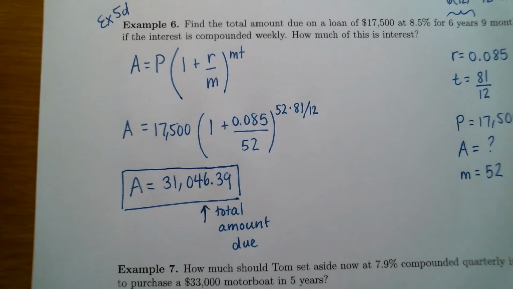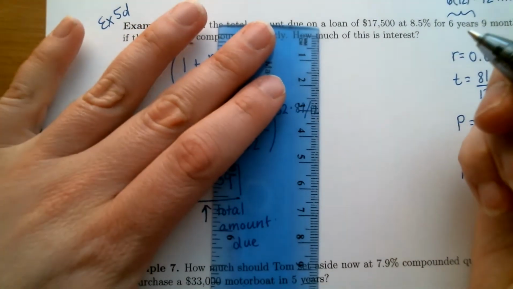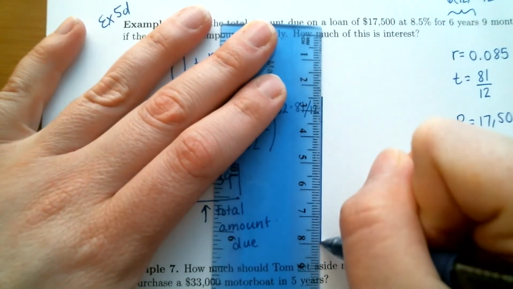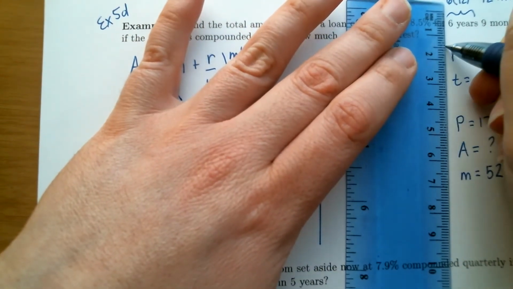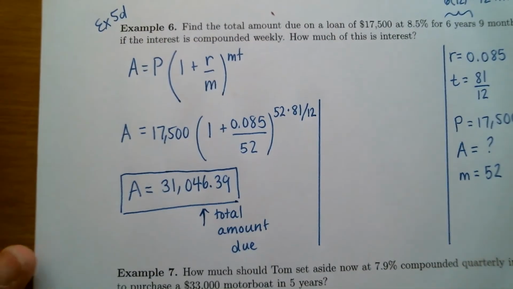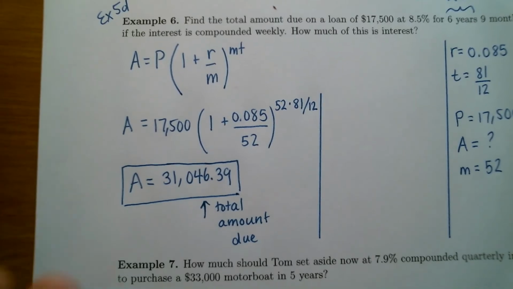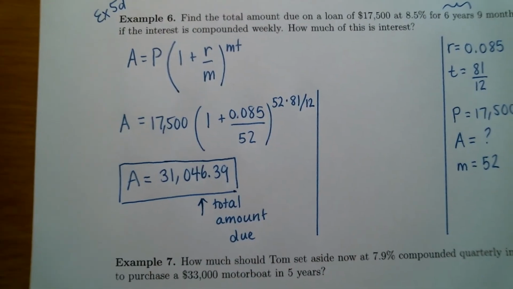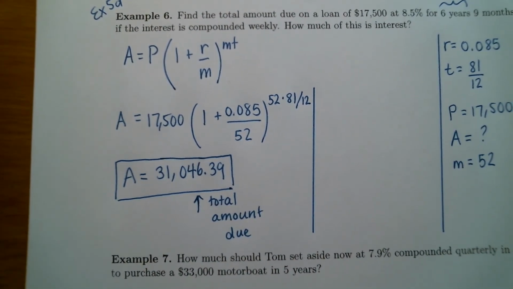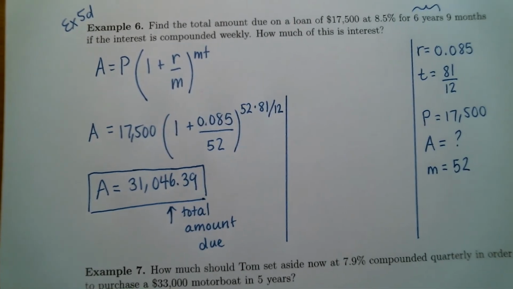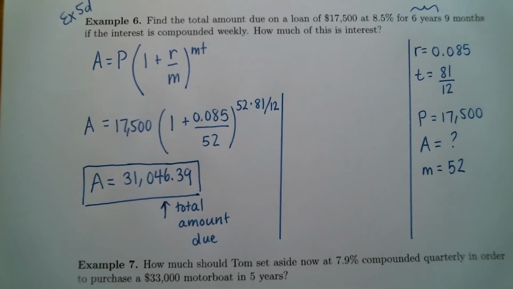This is compound interest now. I'm going to get my ruler and put a little partition here so I can calculate the interest and separate this from the variables as well. So forget I equals PRT. That only applies to simple interest.